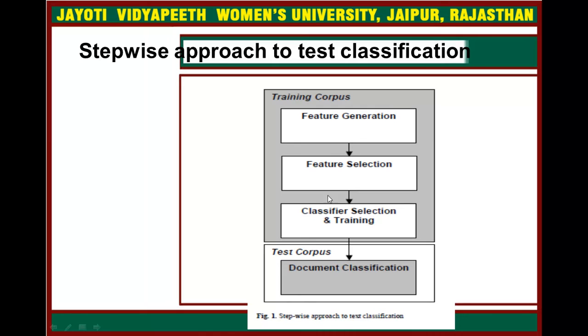So after generation of features, of course we have to select some features that are useful for the task, and after selection of features we select the classifier, and then we train as per supervised or unsupervised learning, and after that we come to the phase of test corpus, that is the last thing, where we have to classify the documents. Okay, so here you see this document classification in this test corpus. So this is the stepwise approach to test classification.